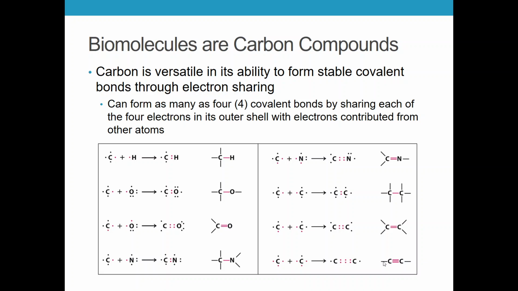Carbon can also form triple bonds, and carbon can form covalent bonds with a diverse number of different kinds of elements. So hydrogen, oxygen, nitrogen. Phosphorus is also a possibility. Sulfur. So carbon is quite versatile in that it can form very stable covalent bonds with a lot of different kinds of other elements. So it's pretty versatile in what it can do.